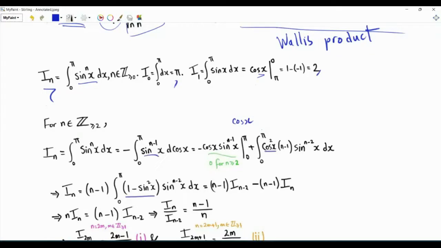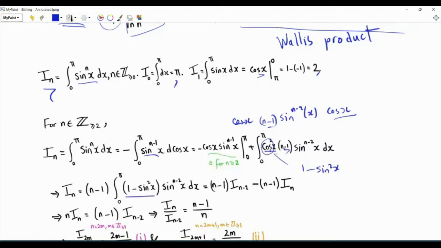And then when we differentiate this guy, we will get n minus 1 sine to the n minus 2 of x. And then by the chain rule, we need also to differentiate with respect to the sine. So these two cosines will give cosine squared, and then we have n minus 1, and then sine to the n minus 2 of x dx. Now take this cosine squared and rewrite it as 1 minus sine squared x.